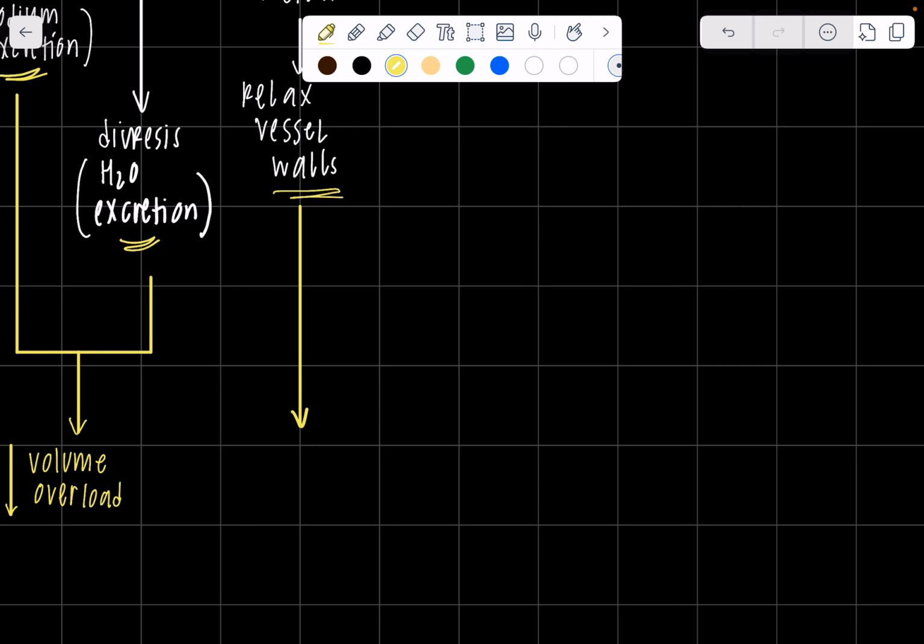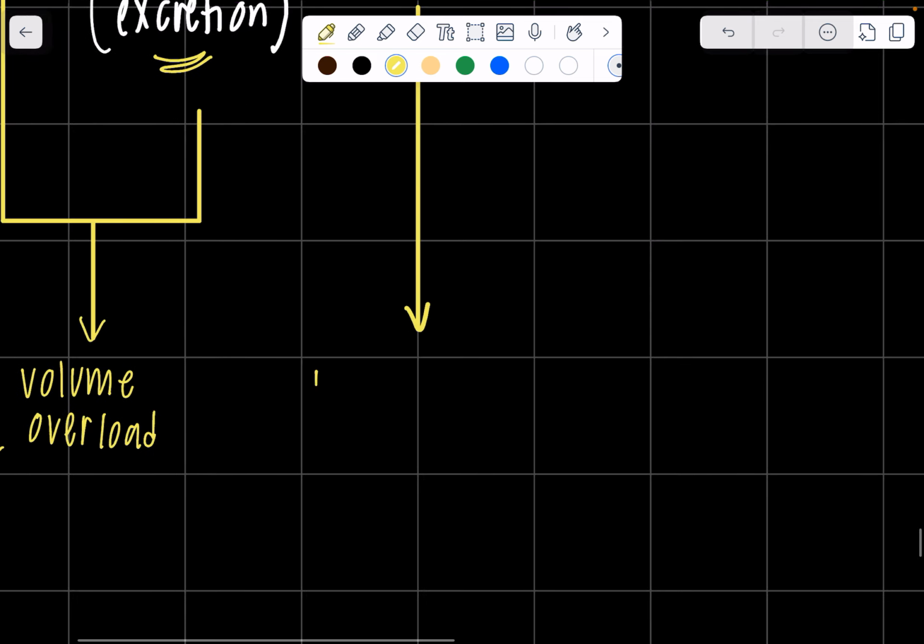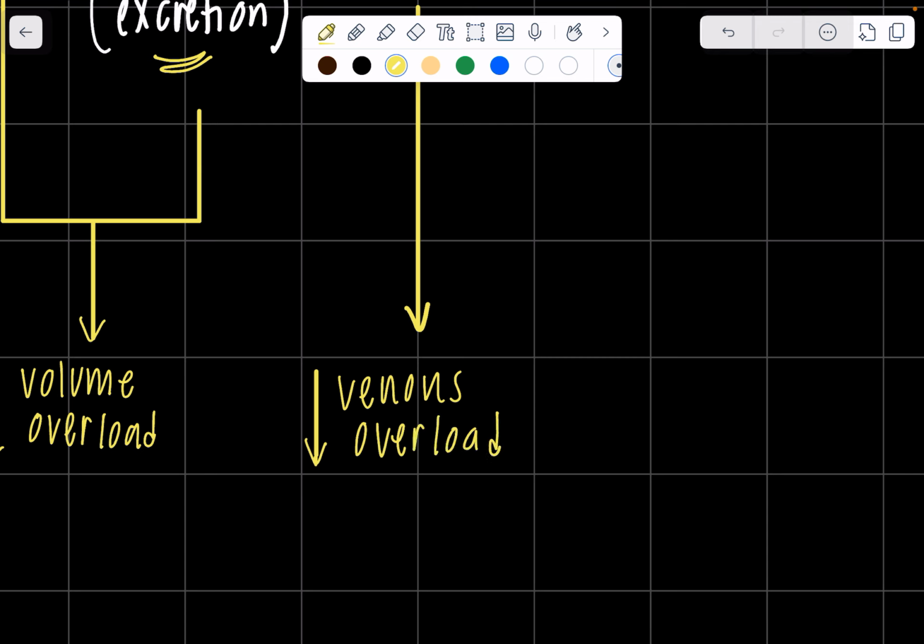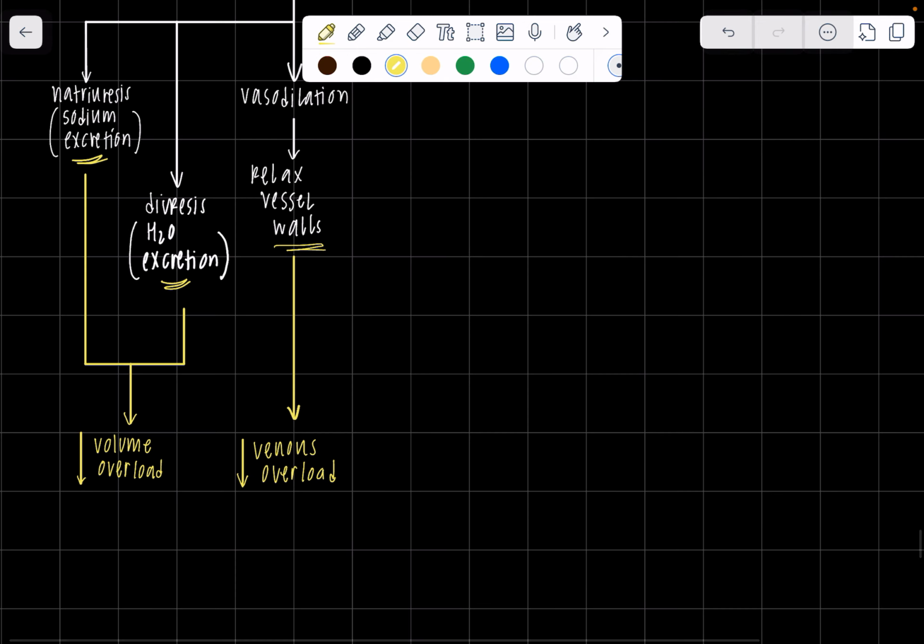So relaxing the blood vessel walls is what allows us to decrease our venous overload. Because again, that venous blood really relies heavily on the constriction of the veins to help pull that blood back to the heart.